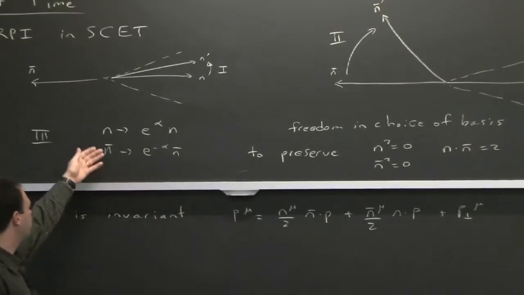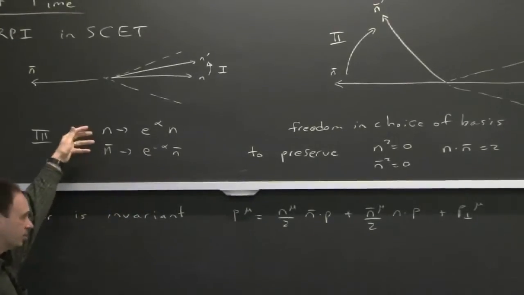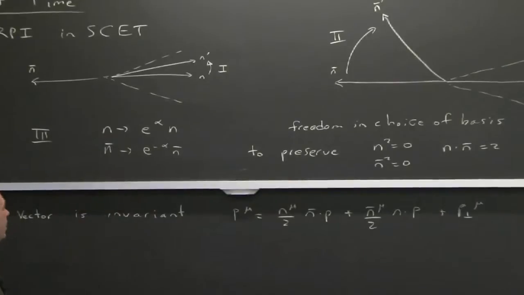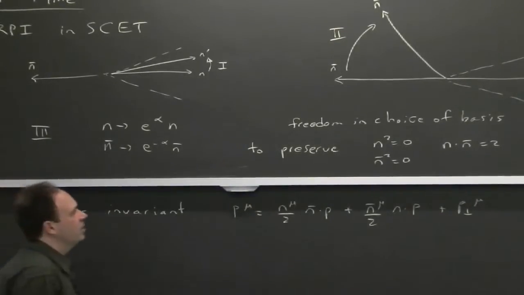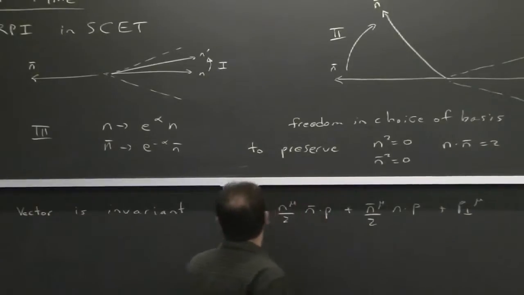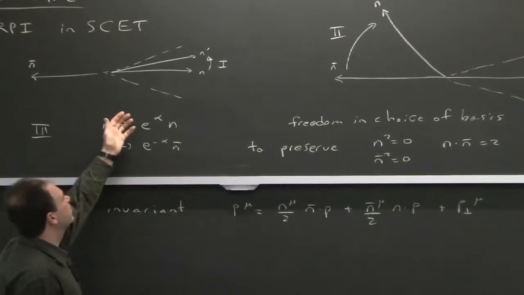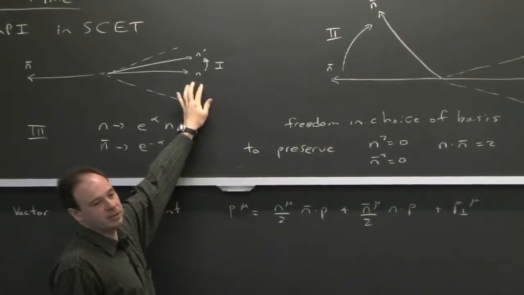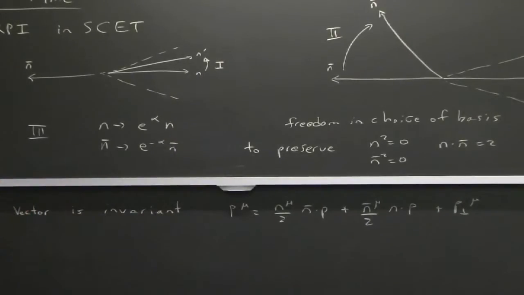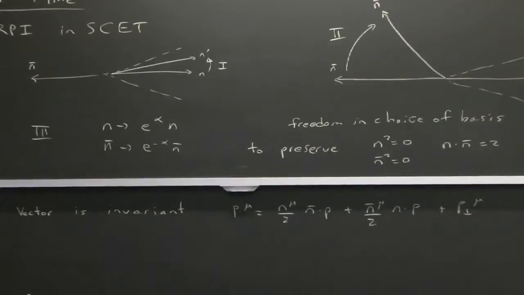We break it by introducing these vectors, but we're restoring it in a way by having transformations on these vectors. But it's still different than Lorentz symmetry, for example, because you're not making huge transformations of the vector n, not any arbitrary transformation. And it is a reparameterization, not a Lorentz symmetry in general.